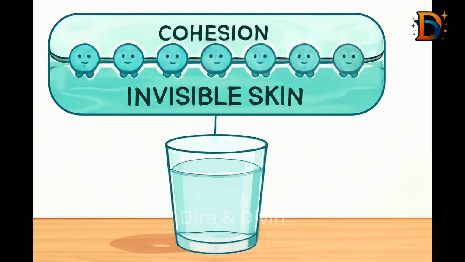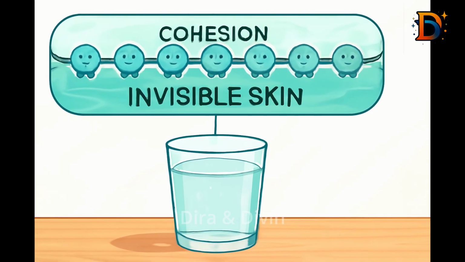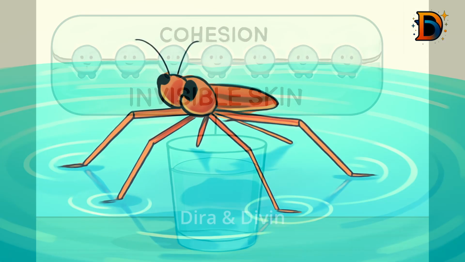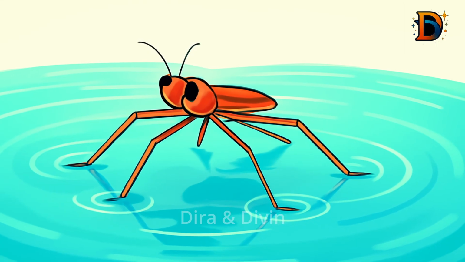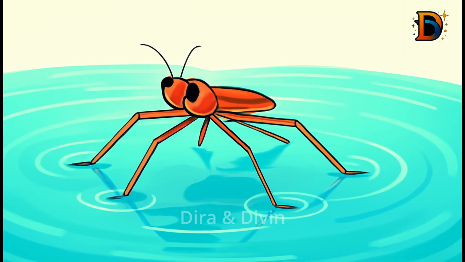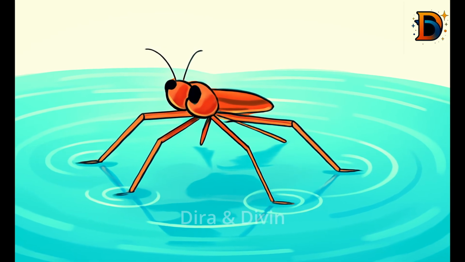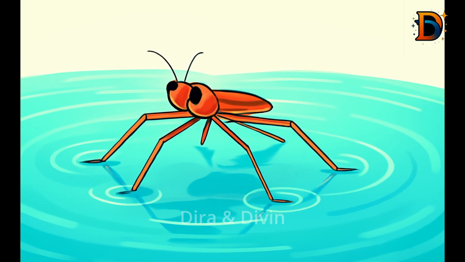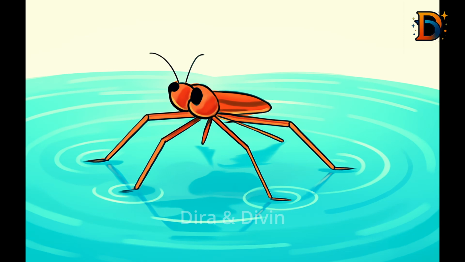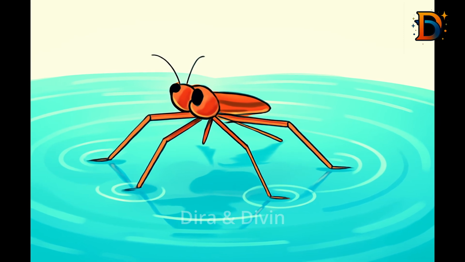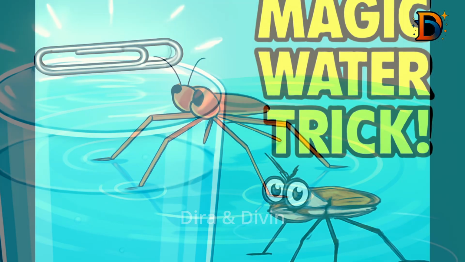Magical things surface tension does. Bugs can walk on water. Some insects, like water striders, don't break through the surface of a pond. Their legs barely press down and the water skin holds them up.